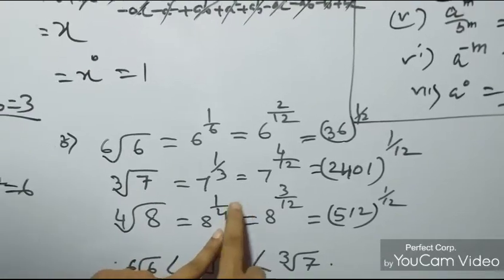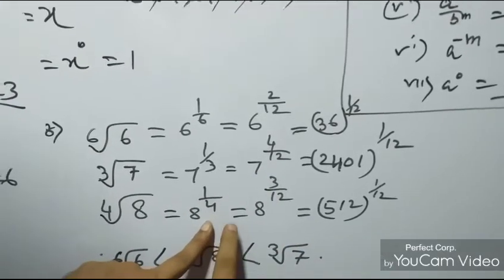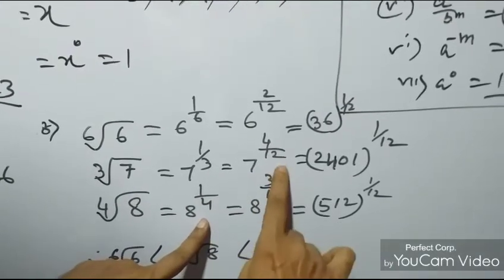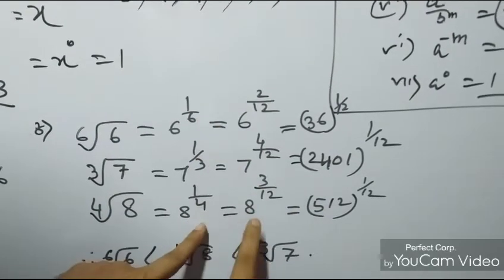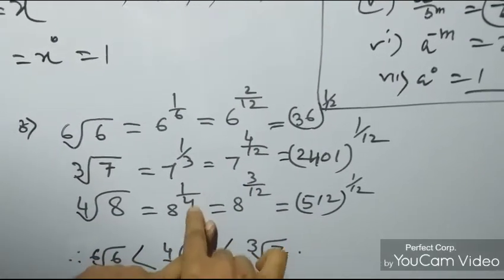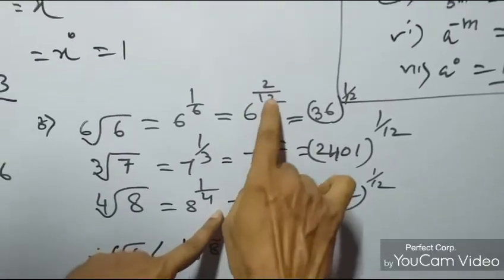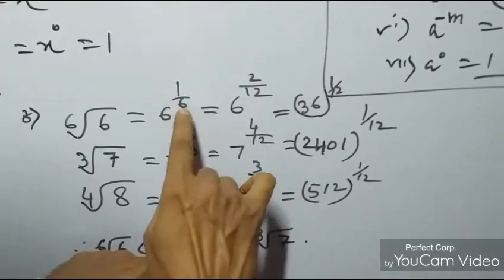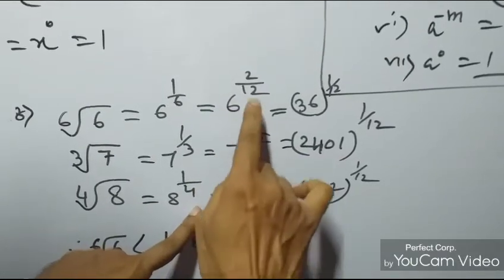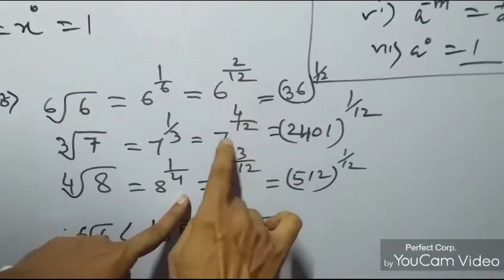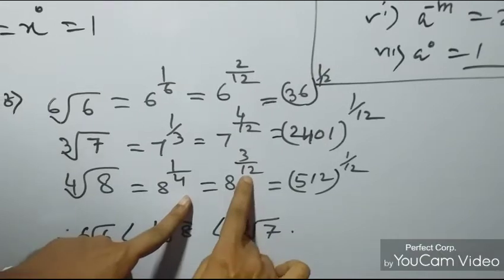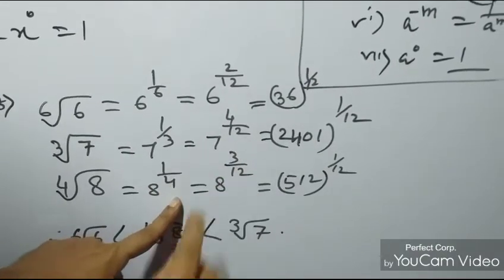Now we need to equalize the denominators of these three numbers over here. See, 4, 3 and 6, this denominator will be 12. So we can write 1 by 6 equal to 2 by 12. This is 7 to the power 4 by 12 and 8 to the power 3 by 12.